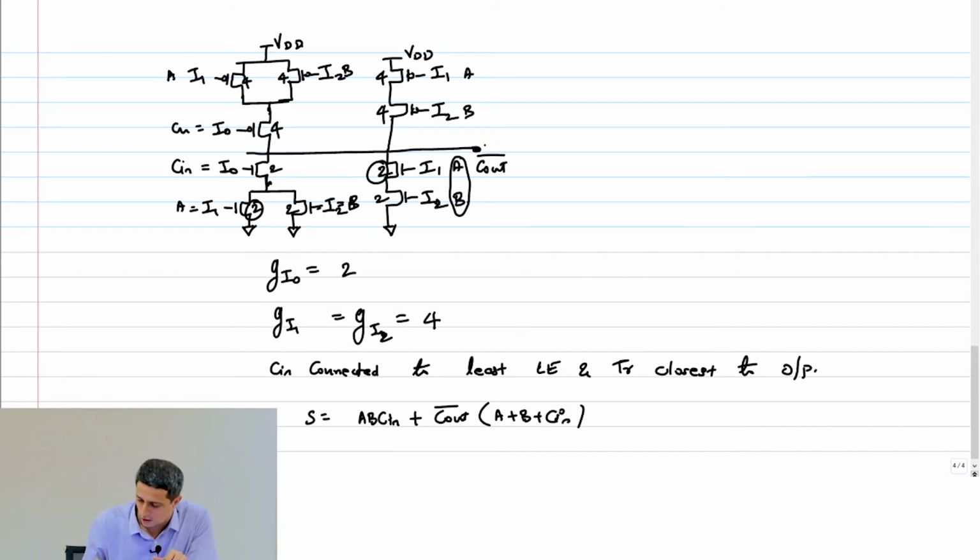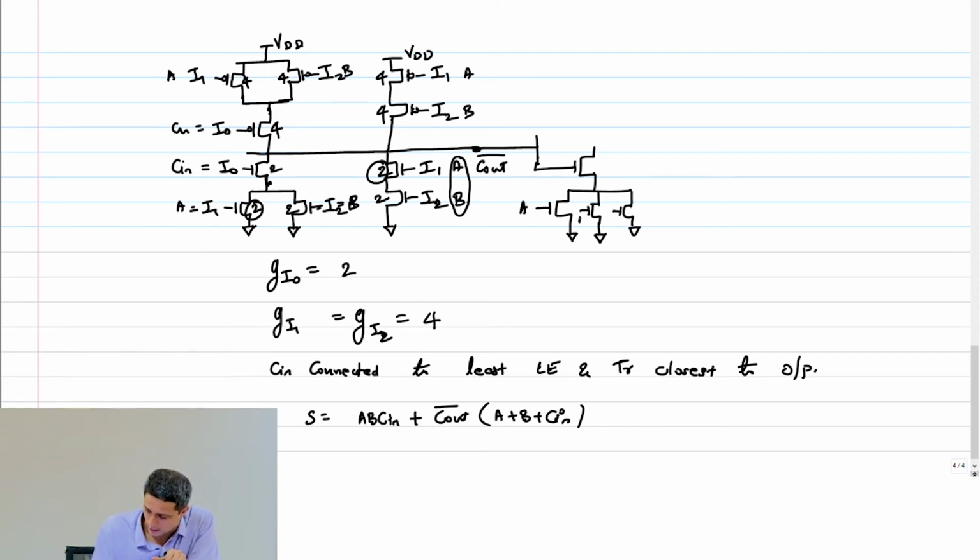Correct? So all I have to do is take this circuit, and now again remember, on the sum I can do mirroring. Mirroring is still possible. So I am simply going to generate this circuit like this. Right? So this is A, B, C in.